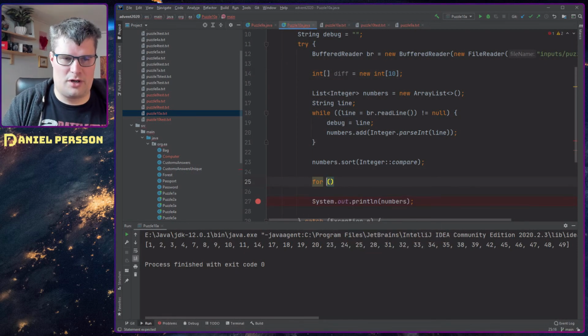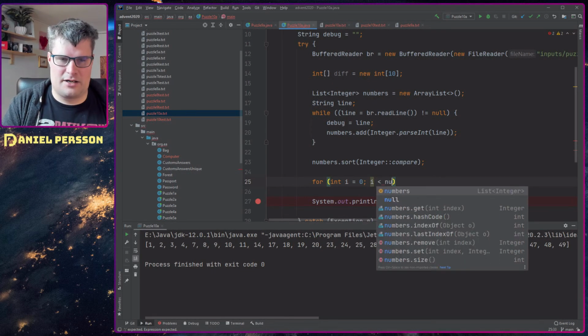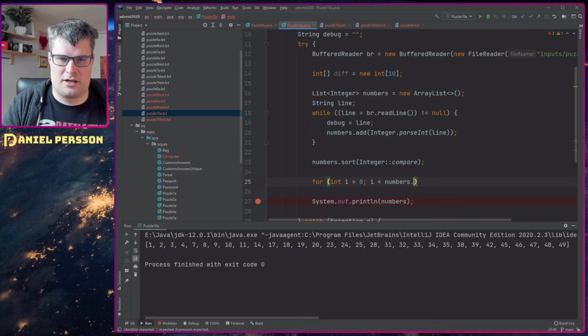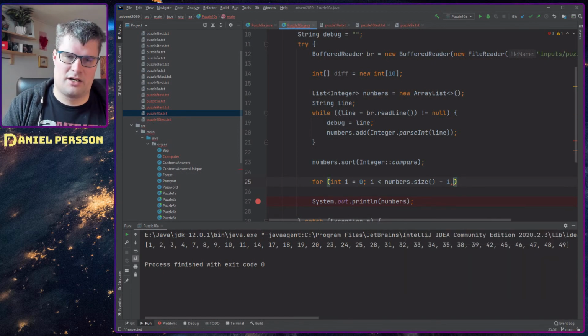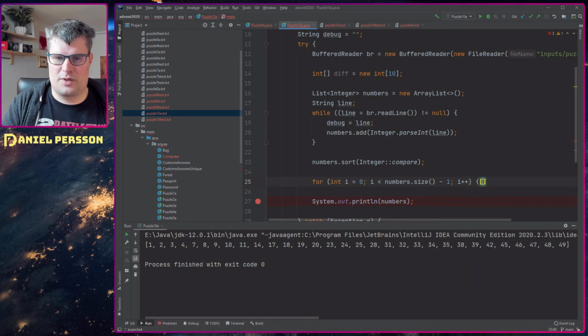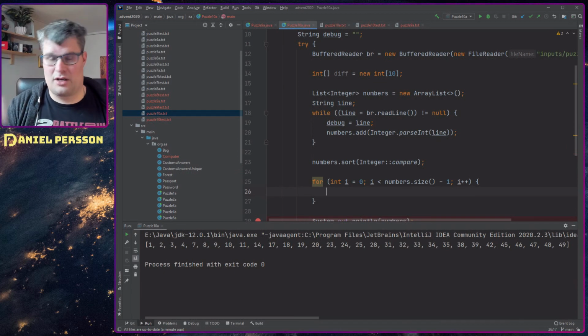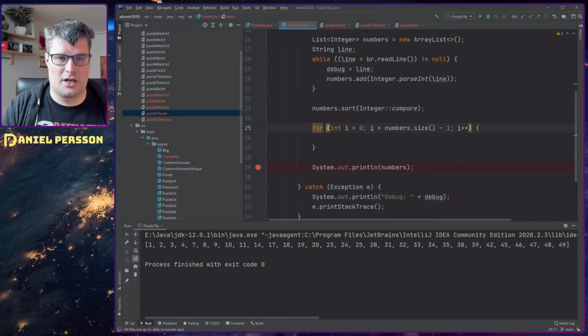But if we do a for loop from value 0 to less than numbers.size() - 1, the reason we do -1 is that we need to look one ahead as well.